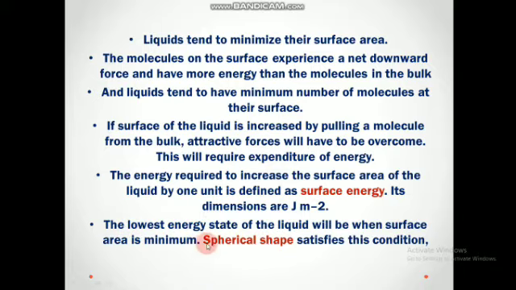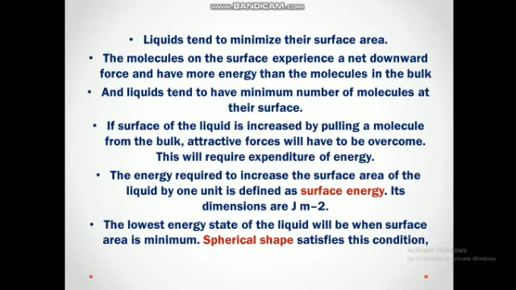And when the surface area is minimum, the liquid will acquire a spherical shape. So spherical is the shape which satisfies minimum surface area. This is the reason why liquids acquire spherical shape and satisfy the lower energy state. That's all about surface tension.